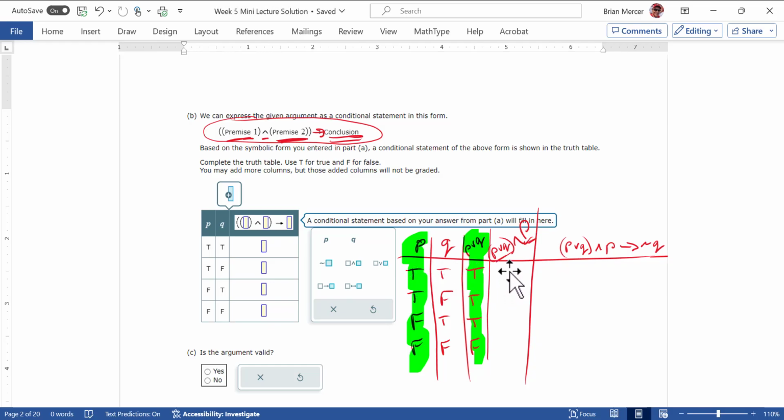So there's true, true, that's true. True, true, that's true. False, true is false, and false, false, that is also false.